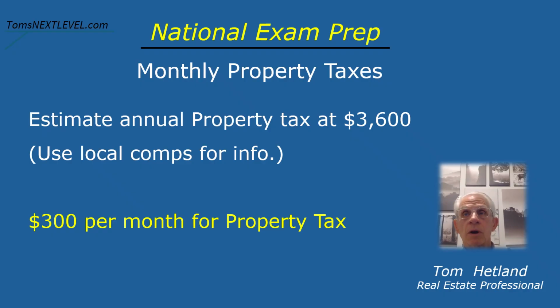But remember, we're talking monthly payment. So please don't forget in your exam to divide the annual property taxes into 12-month segments. So we have $3,600 annual property tax divided by 12 will give you $300 a month for property tax payments on our example.